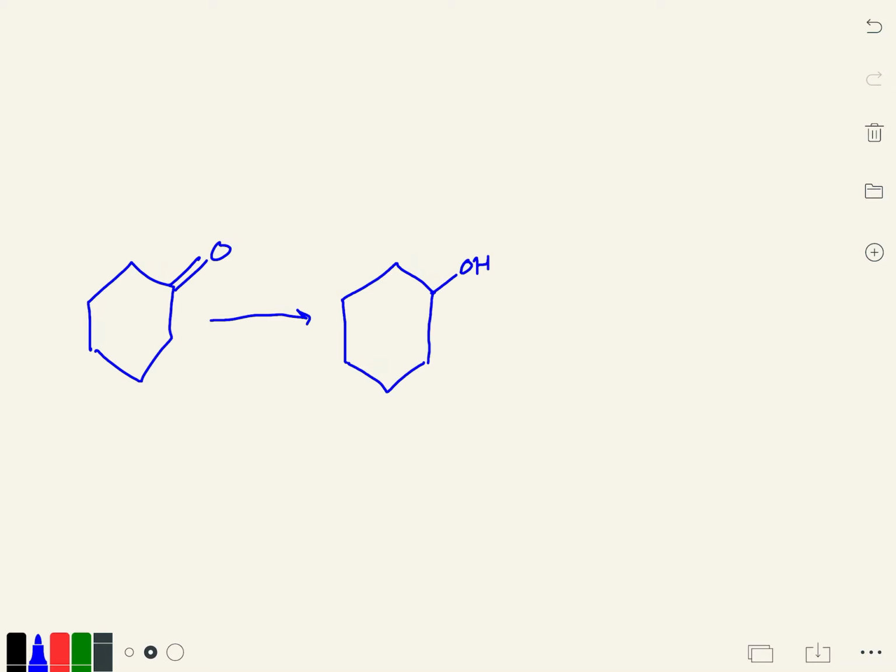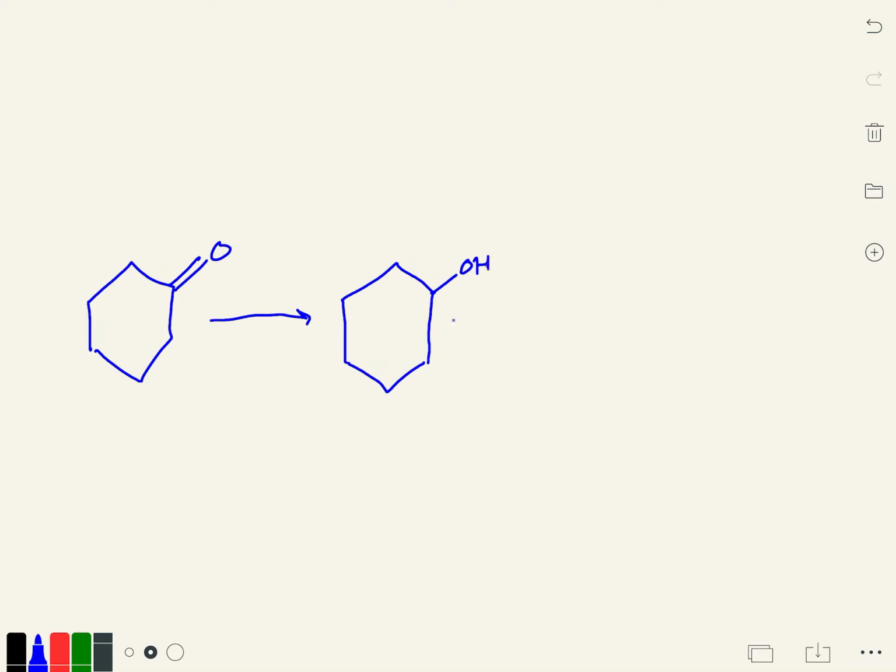I think I saw it in your book. You have this ketone, and they're saying draw the reagents that you would need to get it to turn into that.